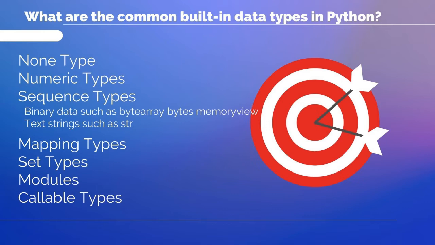Callable types are the types to which function call can be applied. They can be user-defined functions, instance methods, generator functions, and some other built-in functions, methods, and classes. Refer to the documentation at docs.python.org for a detailed view of the callable types.